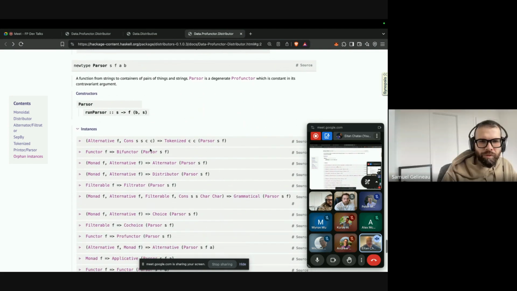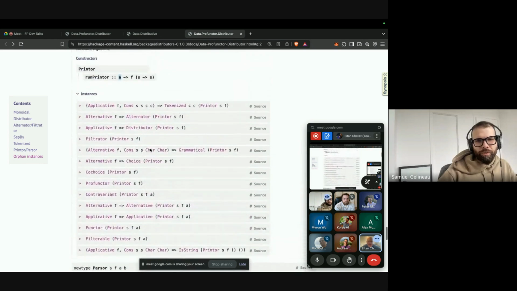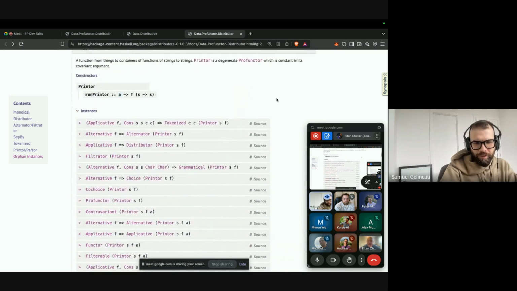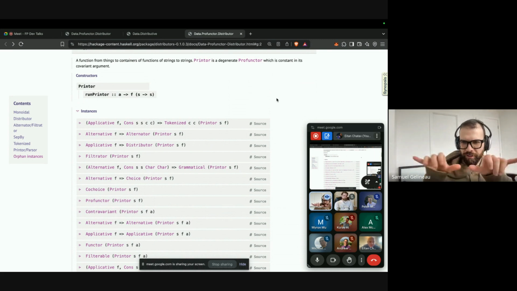Okay. So with a name like printor, I would have expected the implementation to be like A arrow string. So it's to a maybe string because it's a partial printer, and it's to a maybe of a string to string. Like, is it so that you can concatenate them easily? Yes, yes.